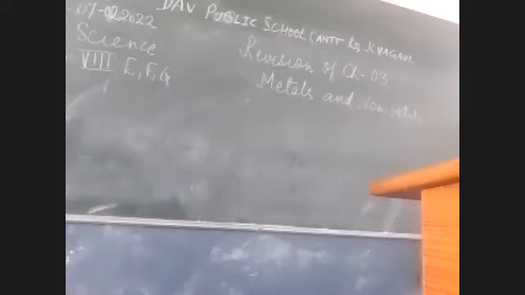A mineral is a naturally occurring inorganic substance found deep under the surface of the earth. And ore? An ore is a mineral from which one or more metals can be extracted profitably. For example, aluminium is extracted from its bauxite ore and iron from its hematite ore.